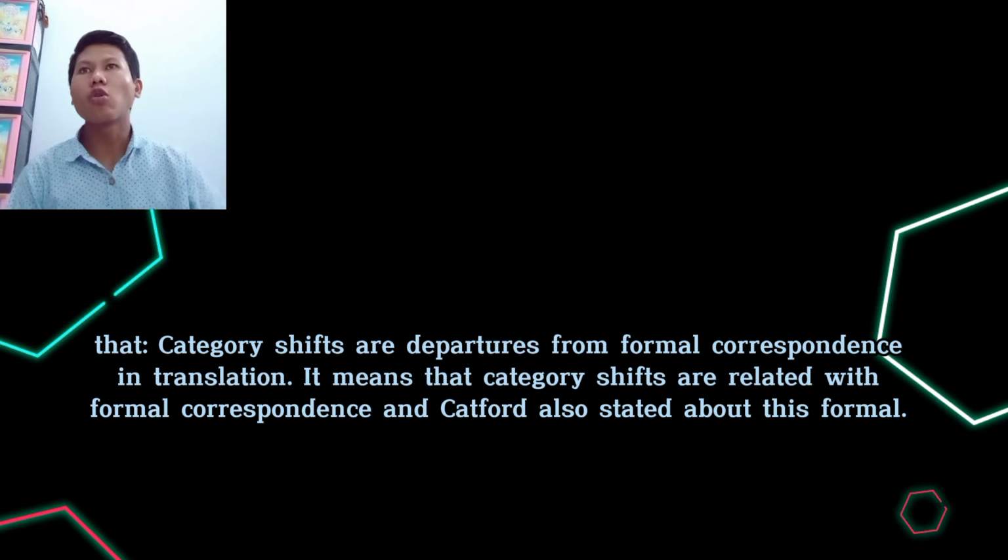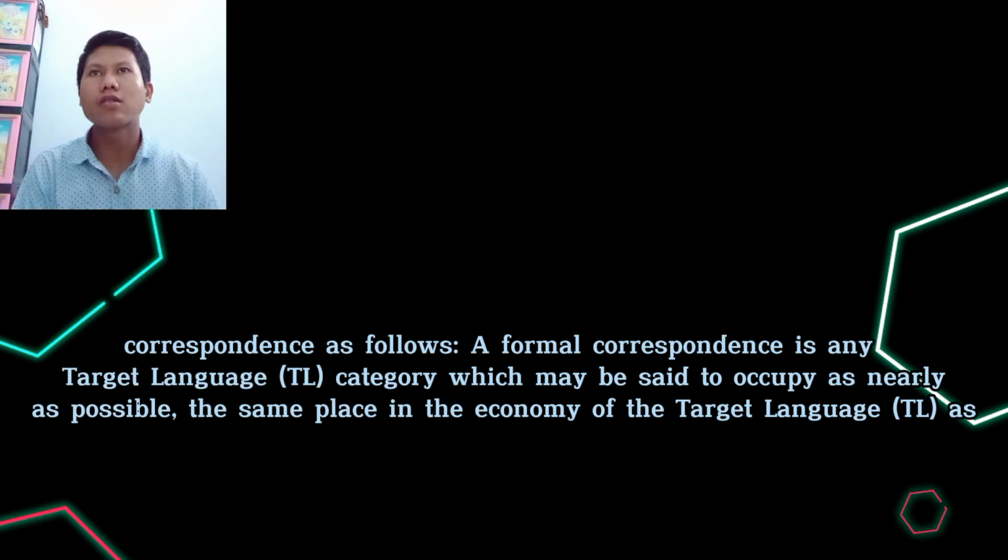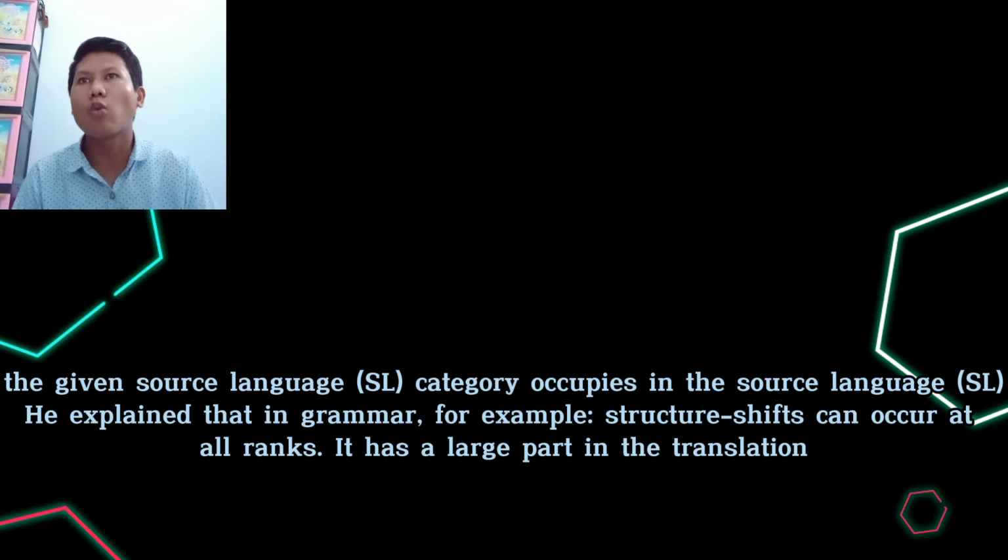Catford also stated about formal correspondence as follows: a formal correspondence is any TL category which may be said to occupy as nearly as possible the same place in the economy of the target language as the given SL category occupies in the source language.